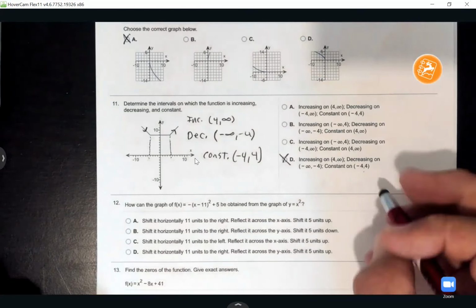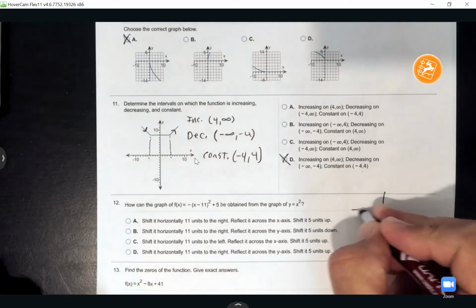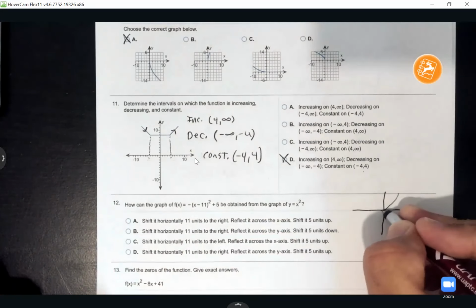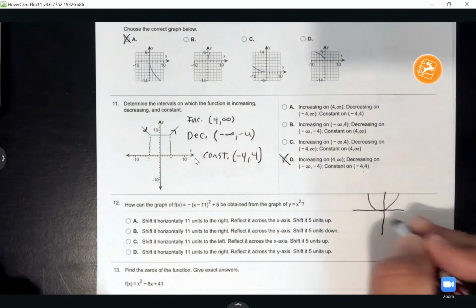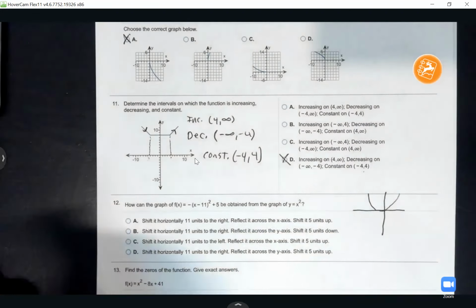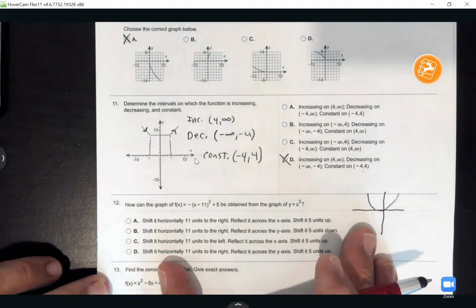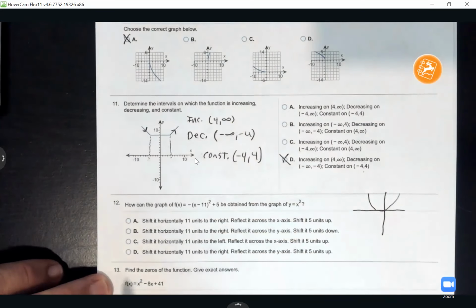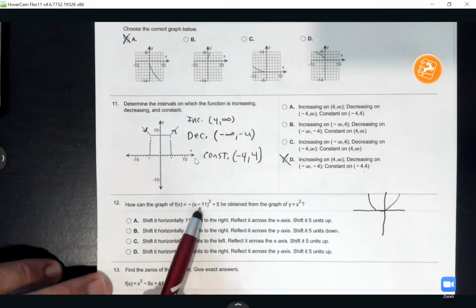Remember, x squared is just your basic parabola, and that basic parabola just starts in the center here. Now, we don't have to graph this one, thank God. So here's my first question. They're starting with the parentheses. If I'm attacking that x by subtracting 11, what move will that do to my graph?